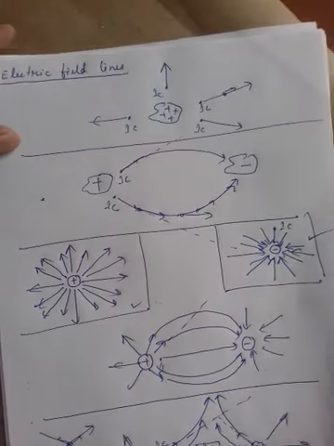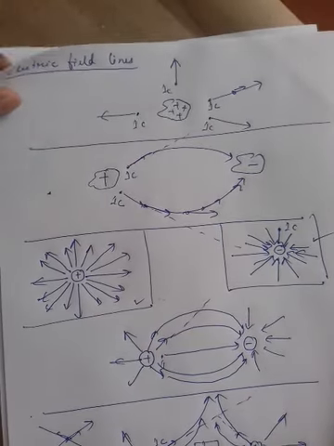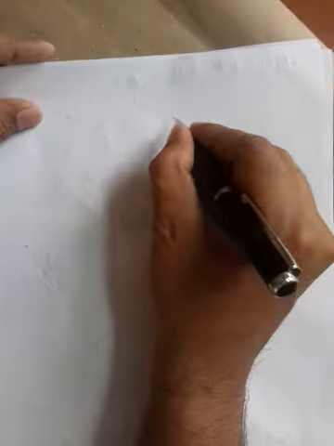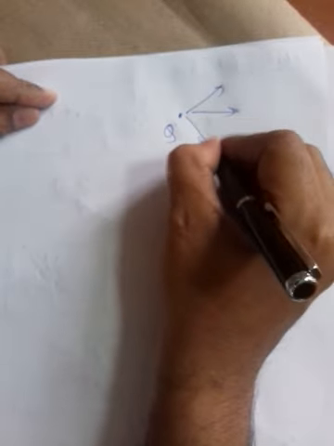Okay, let me use these electric lines of force for one other point. If you look at electric lines of force, we are discussing electric lines of force. So because of a surge here, I am drawing electric lines of force like this.